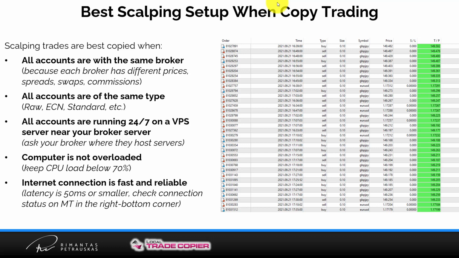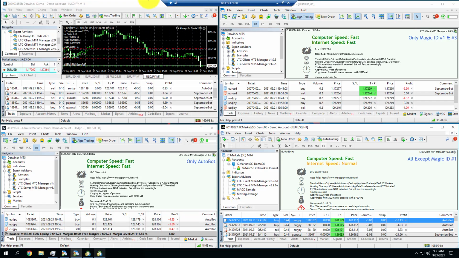I believe 50 should do the work, but the smaller it is the better. So we have to check the connection status on MetaTrader in the right bottom corner. Let me show you. You can see I have these MetaTraders, and each of them has this connection status in the right bottom corner. If I click on it, it opens this menu that says login, rescan servers, and then server names.